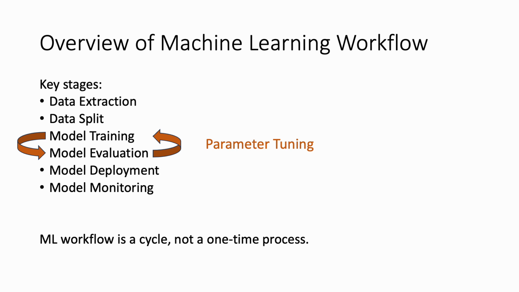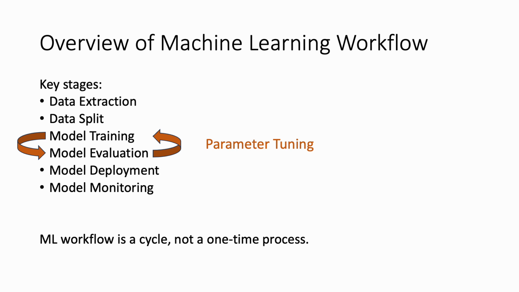During model training, we choose a specific machine learning algorithm, like maybe a random forest or neural network. These algorithms have internal settings called parameters. These parameters control how the algorithm learns. Parameter tuning is the process of experimenting with different values for these parameters to find the best configuration for our specific problem.